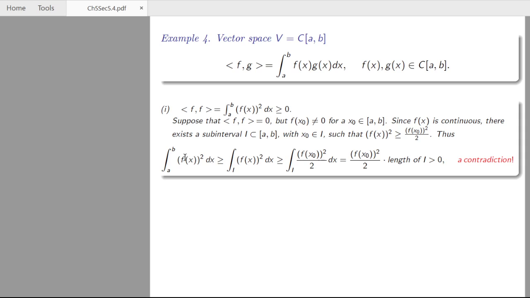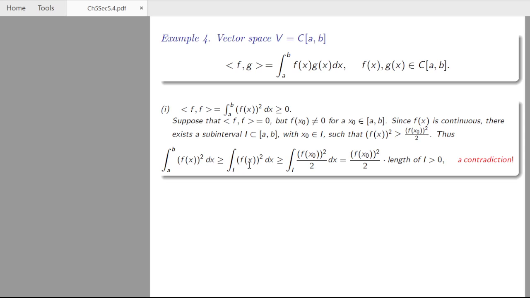Because here we take a square, which means the height is non-negative. So when we replace the big interval from a to b by a subinterval I, this should be true.